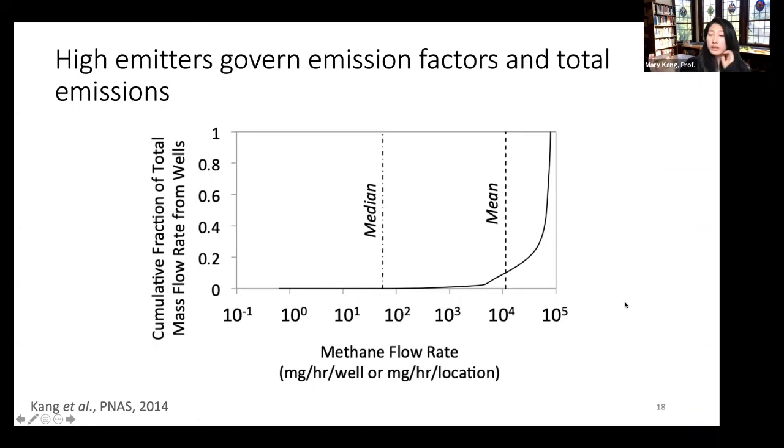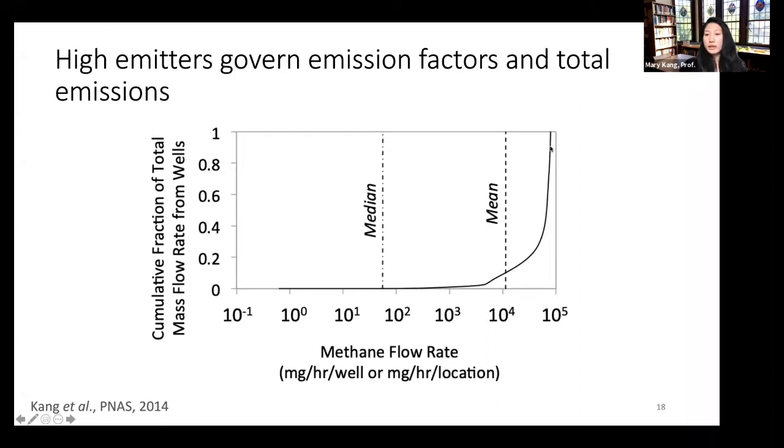So the high emitters are the ones that are important when you're thinking about methane emissions, because that's what we need to know. That's what's important when we're thinking about climate and also air quality impacts. You can see that the median and the mean are more than 2 orders of magnitude apart.